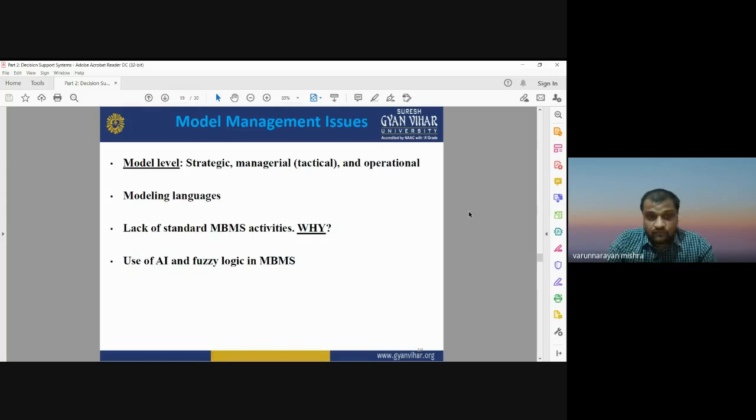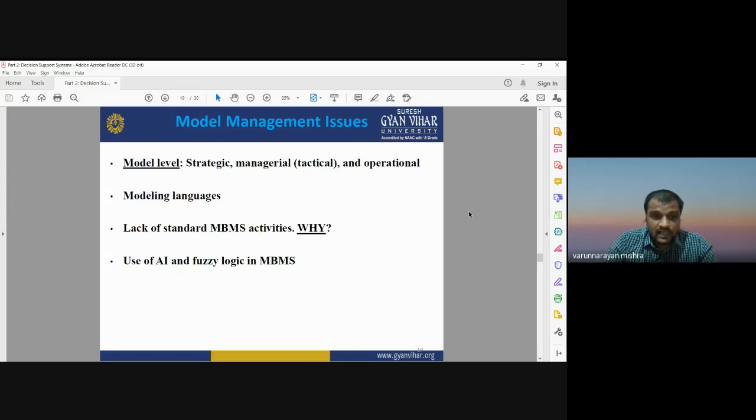What kind of model are you going to use? What is the strategy for that modeling? What is the managerial or practical processing of the data set and model, and operational modeling languages is very important. What kind of modeling language are you going to use? Whether Visual Basic or Java or Oracle, any kind of modeling language you can use.